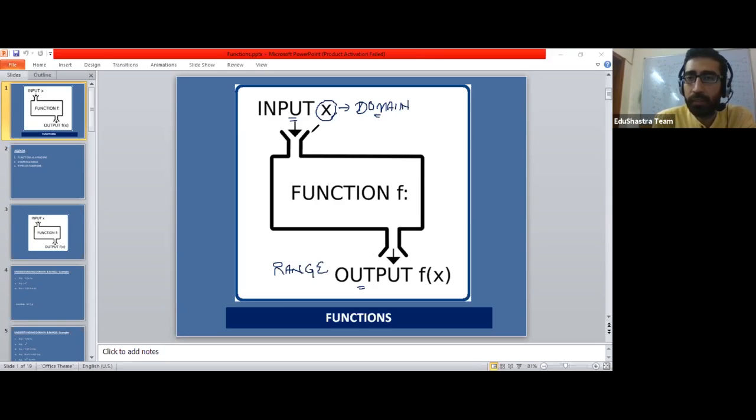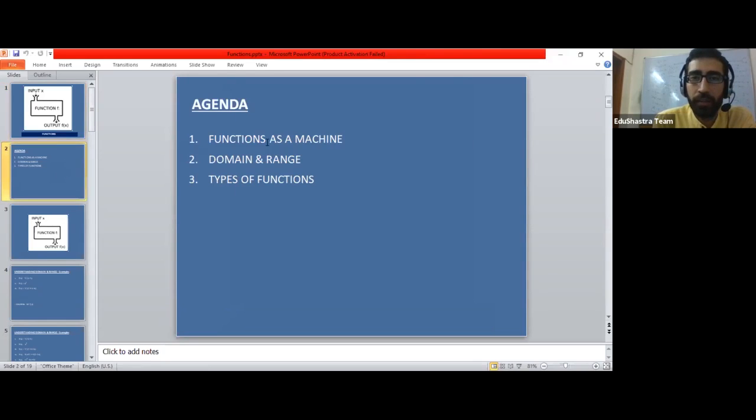So that is a basic concept you need to understand with regard to a function. We will talk a little more about this, taking function as a machine and talking about domain and range. And then we'll cover different types of functions: modulus function, greatest integer function, least integer function.